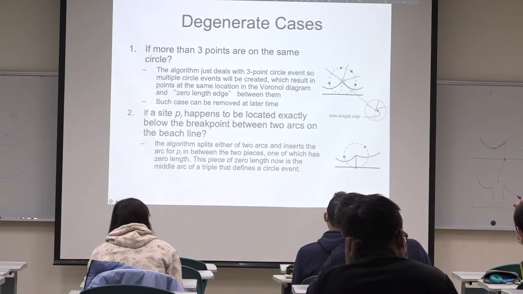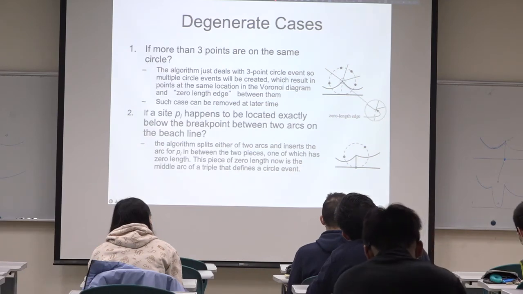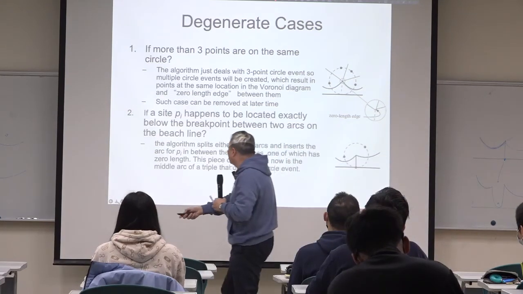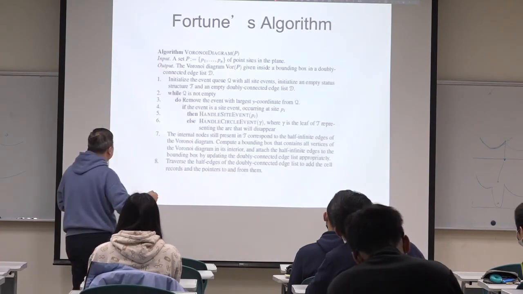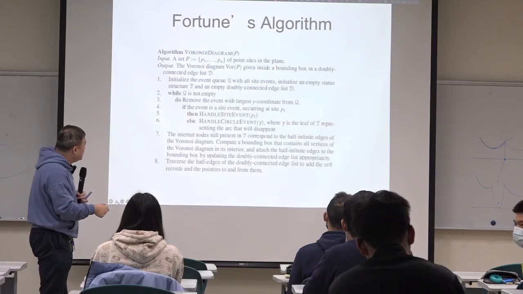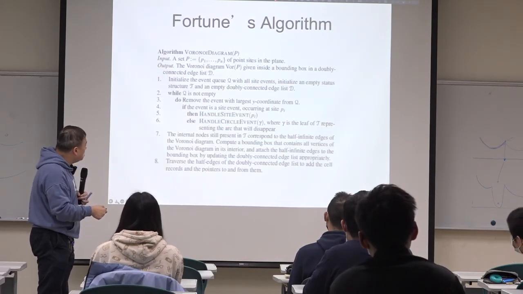Okay? Yes. Sorry. What's your question? Oh, okay. So I just want to point out to you the algorithm here. We handle the side event first, right? And then we handle the circle event.